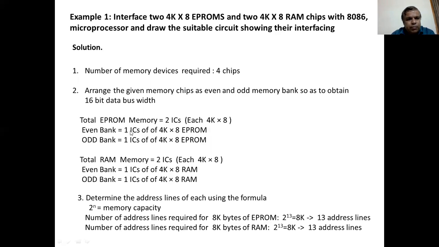So one IC of EPROM for the even bank and one IC of EPROM for the odd bank. Similarly, for the RAM, the total RAM memory is 2 ICs required, each of 4K x 8, and choose one IC of RAM for the even bank and one IC of RAM for the odd bank.